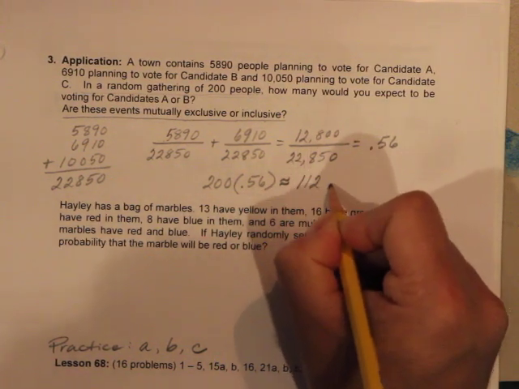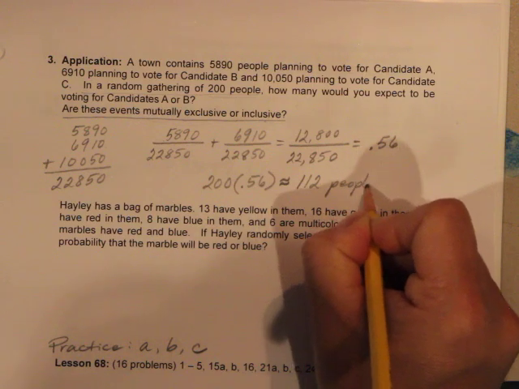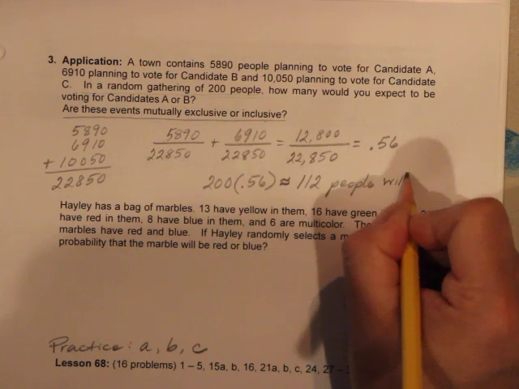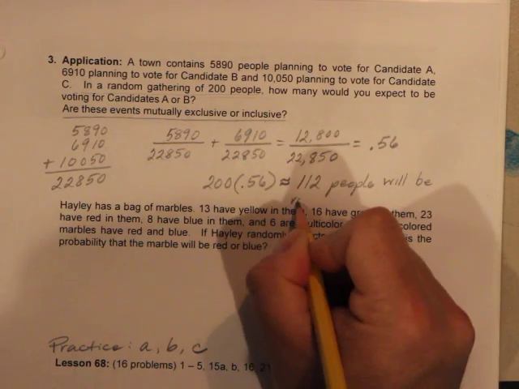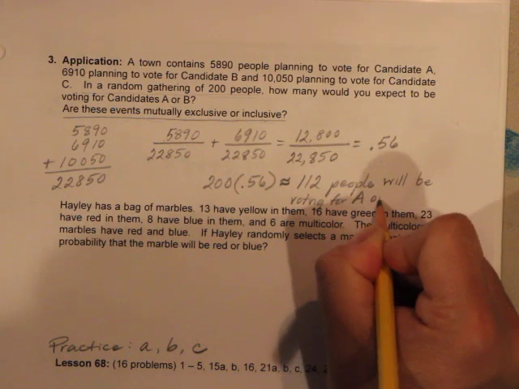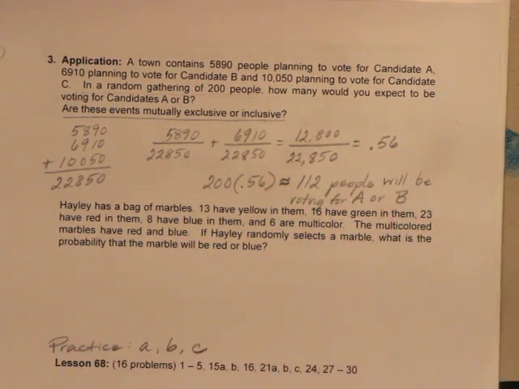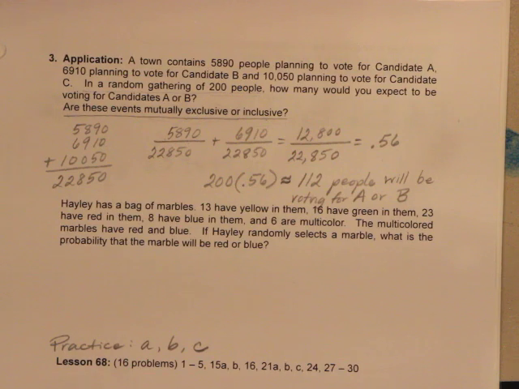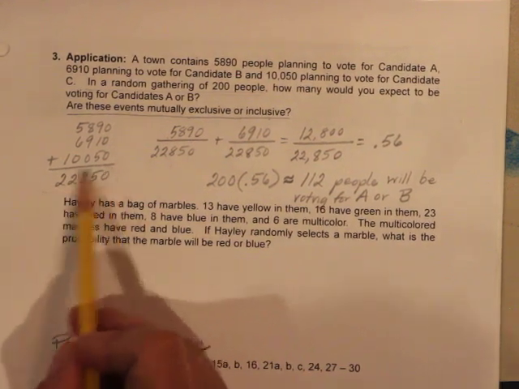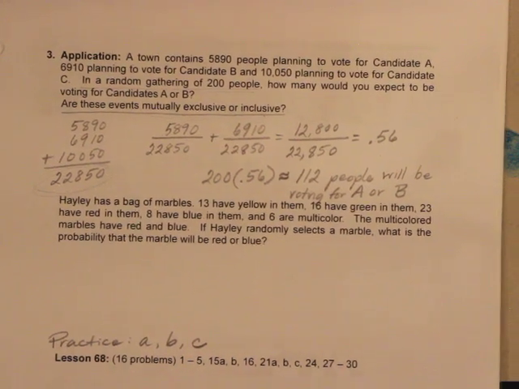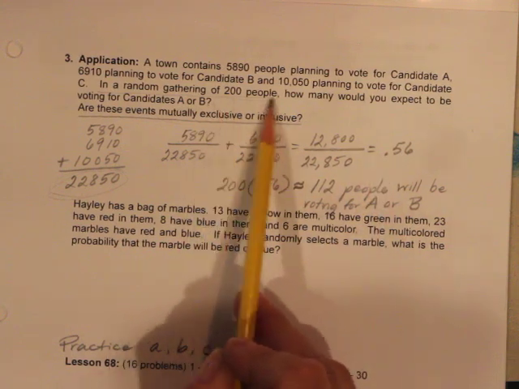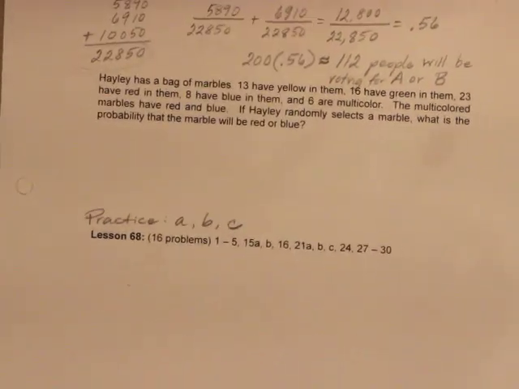Approximately 112 people will be voting for A or B. All right. Wonderful. So we just needed to make sure that we got this number right, and we're in a pretty good position to calculate about how many of the 200 would be voting for A or B.